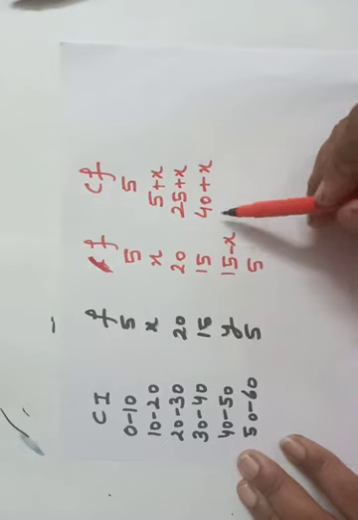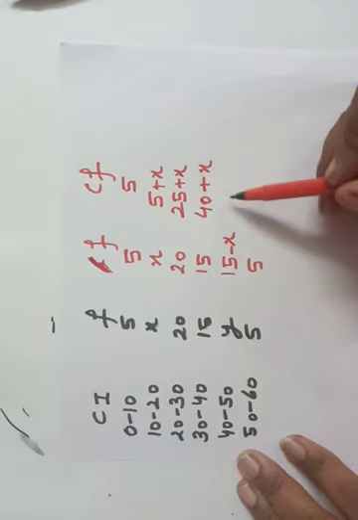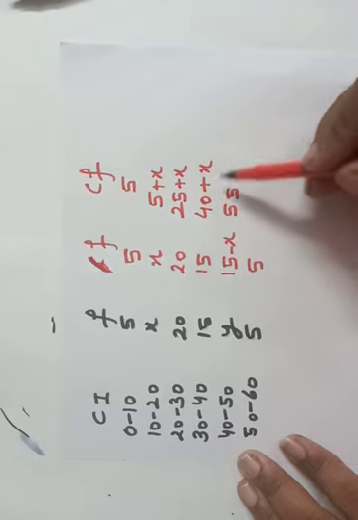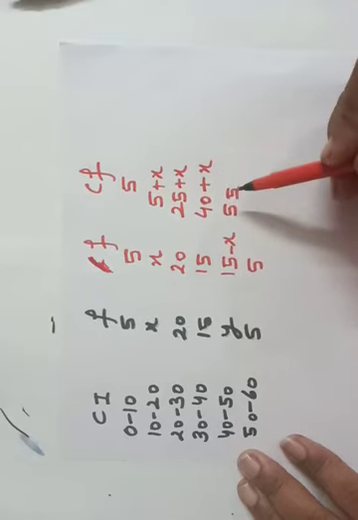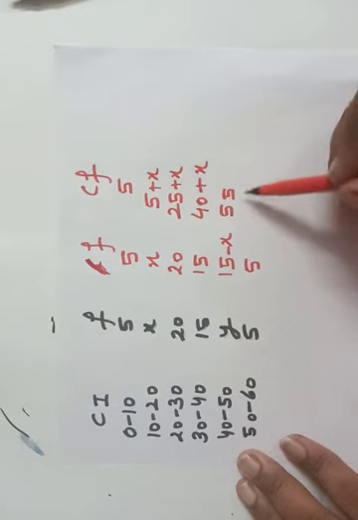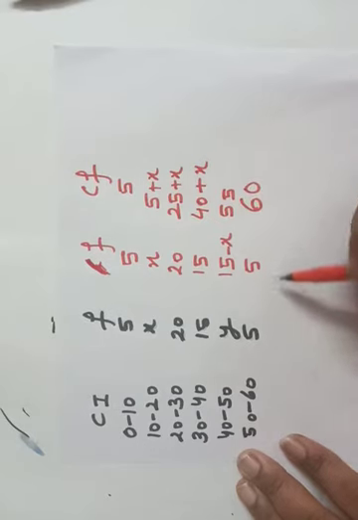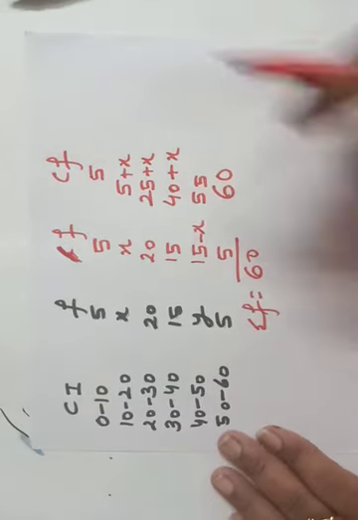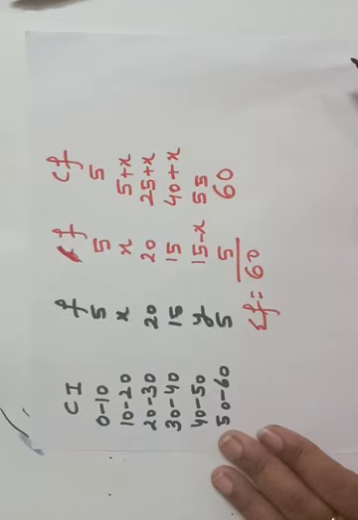Now 40 plus x plus 15 minus x, the x cancels out and it becomes 55, and 55 plus 5 is equal to 60, which is the sum of the frequencies already given to us. So now our table is completed.